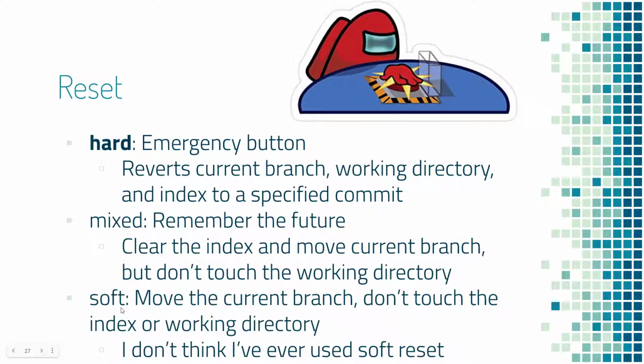Soft reset, I don't think I've ever used it. Essentially, the only thing that happens is it'll move back the current branch, but it'll keep the changes in the index and the working directory. But again, hard is the nuclear option. I think I use this the most. Mixed is if you want to undo some commits, but keep your changes.